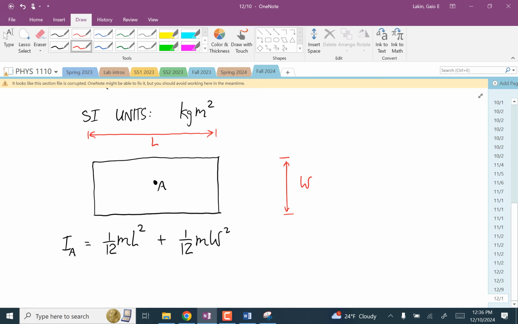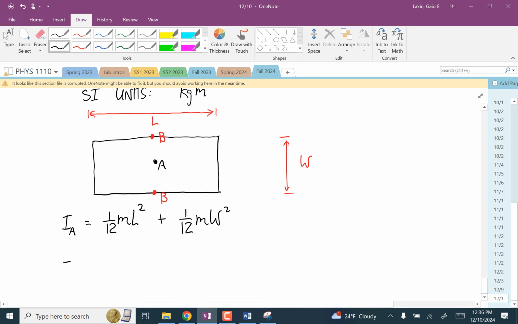Okay, the next easiest place to get rotating, so just moving the hinge around to different locations. These two are equivalent, so I'm going to call both of these B. If your hinge is at either one of those points B, then the moment of inertia is 1/12 times the mass times the length squared plus 1/3 times the mass times the width squared.